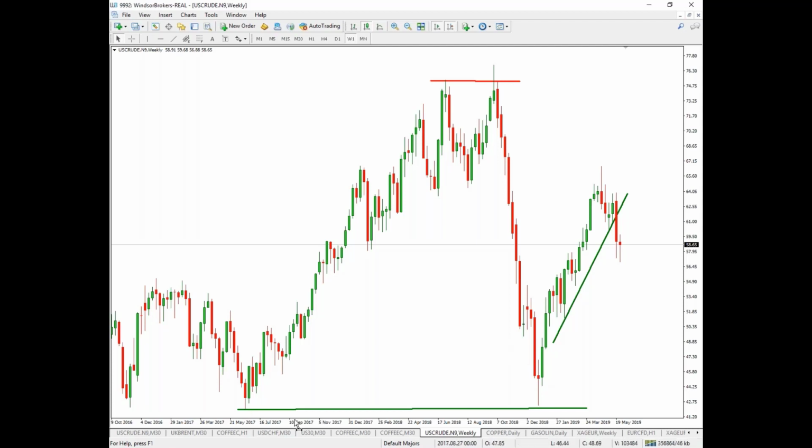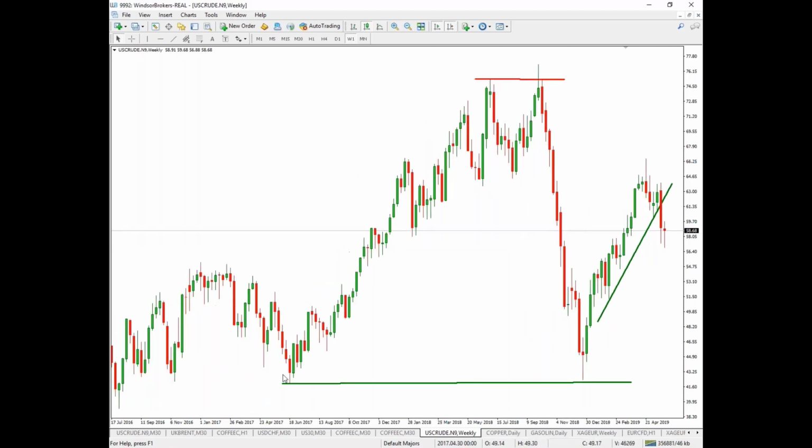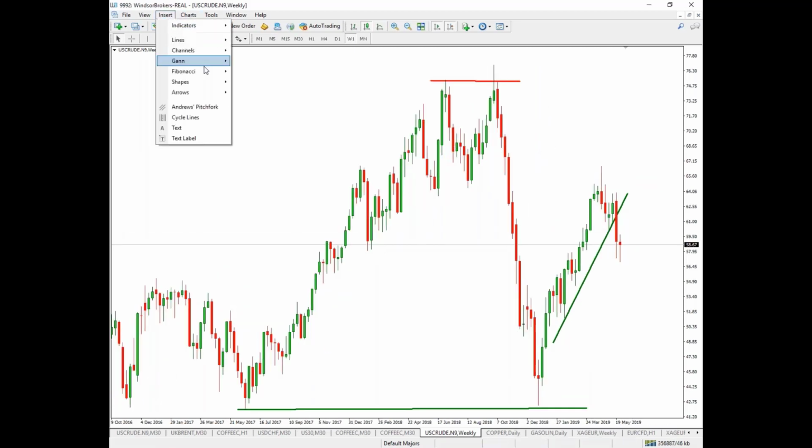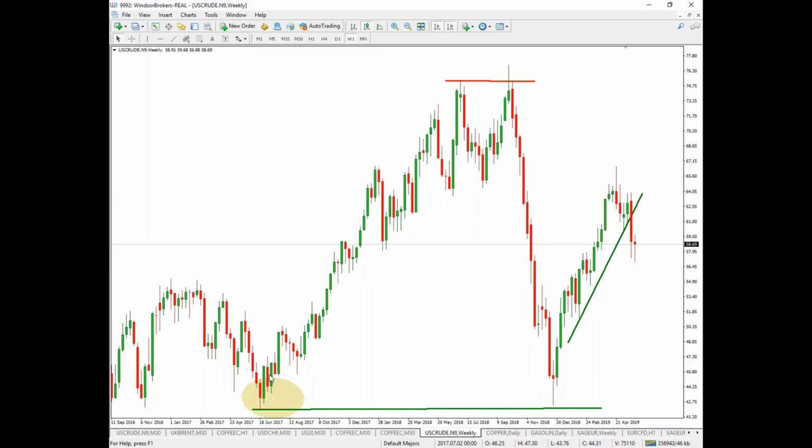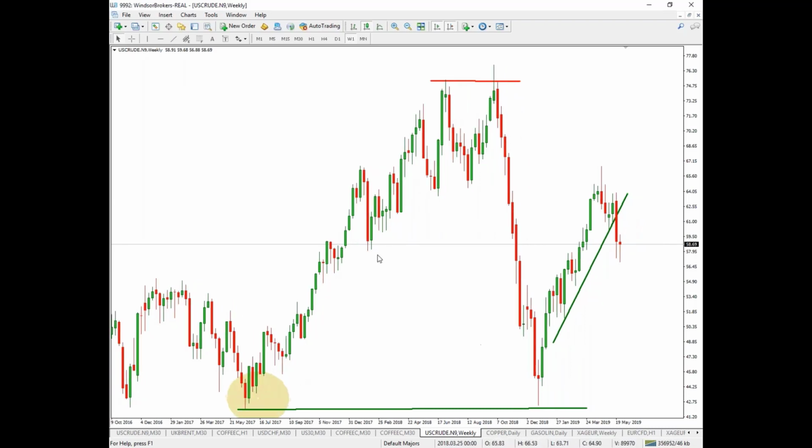But the point, since we're talking about support and resistance, is that we had a historical level here that was left sometime in 2017, and it was not broken, but the market rather bounced higher and then retested this level again without success at the second attack.